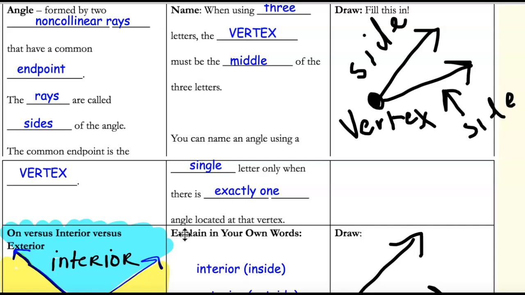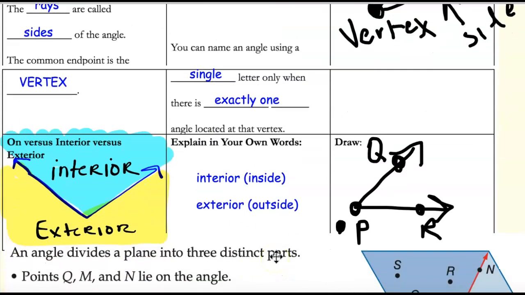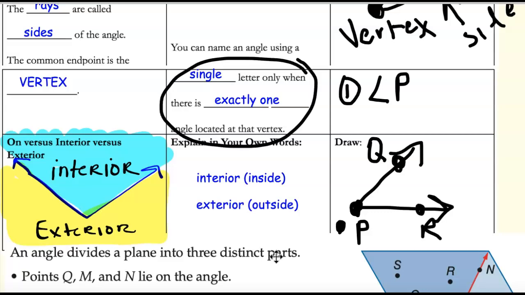We'll call that P, that's the vertex, and then we have Q, and then we have R. So since P right here is the vertex, we can name it two different ways. The first way, we can just call it angle P.